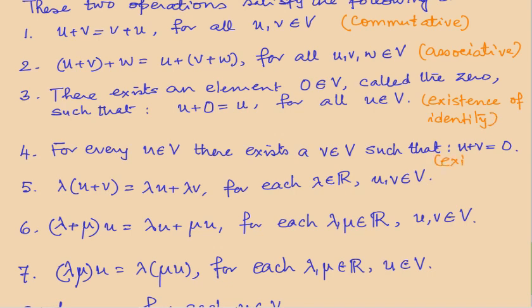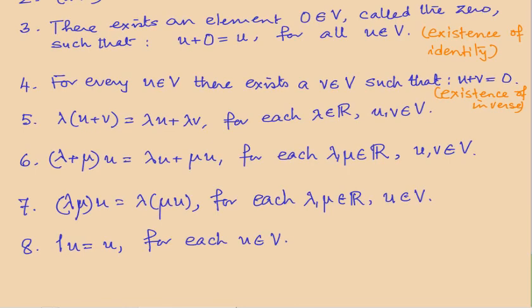This is existence of inverse. Properties 5, 6 and 7 are some distributive properties, and finally the most natural thing is 1 times a vector must be the vector itself. So that's it. We will first look into several examples of this in the next video lecture.